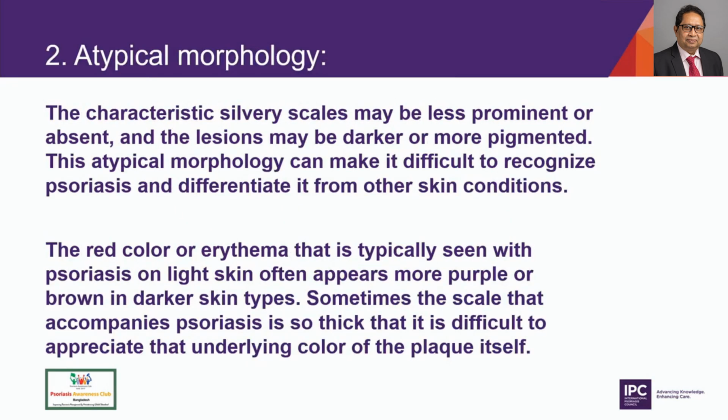Number two, we can say atypical morphology is there. The characteristic silvery scale may be less prominent or absent, and the lesion may be darker or more pigmented. The atypical morphology can make it difficult to recognize psoriasis and differentiate it from other skin conditions.